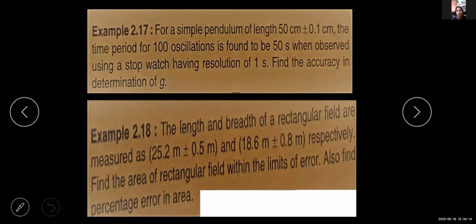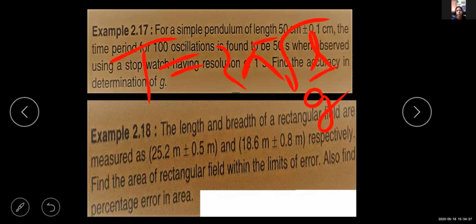Next is a simple pendulum of length 50 centimeter plus minus 0.5 centimeter. The time period for 100 oscillations is found to be 50 seconds when observed using a stopwatch having resolution of 1 second. Find the accuracy in determination of T. We know the formula T equal to 2 pi root L upon g. Make the formula of g using this equation.